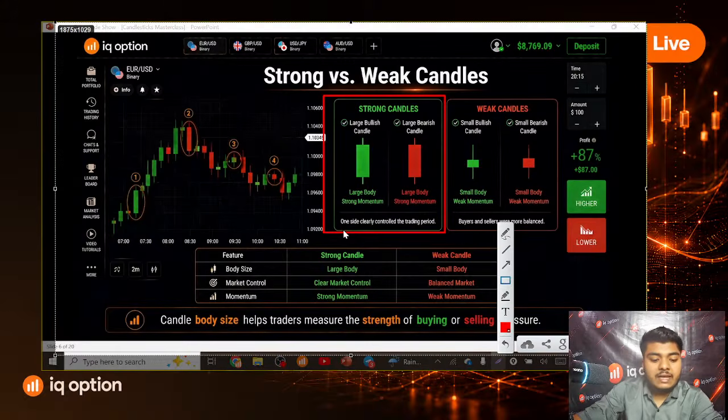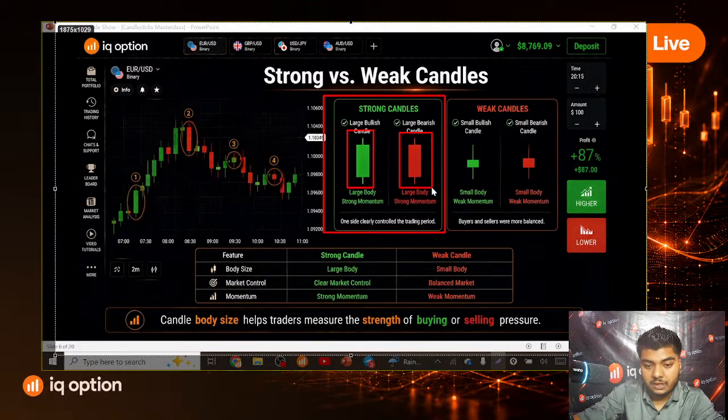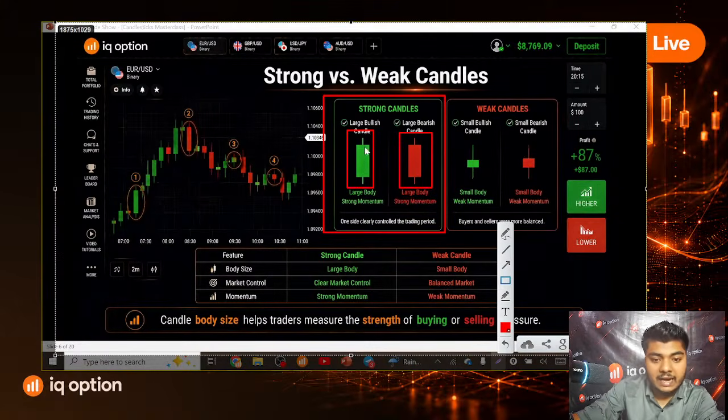This tells us that one side was clearly in control during that trading period. Whenever you find this type of strong body candle, you can focus here. Notice the candle bodies are bigger than their wicks. That simply means the strength of the position.